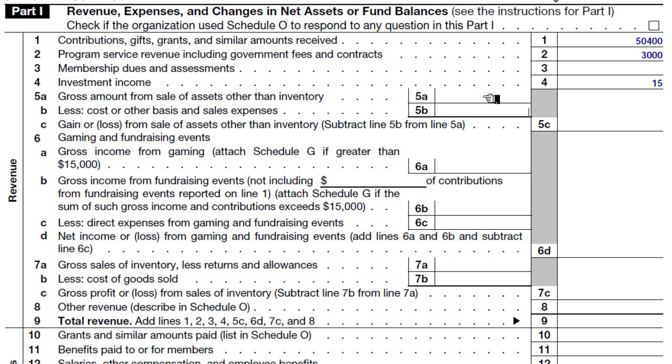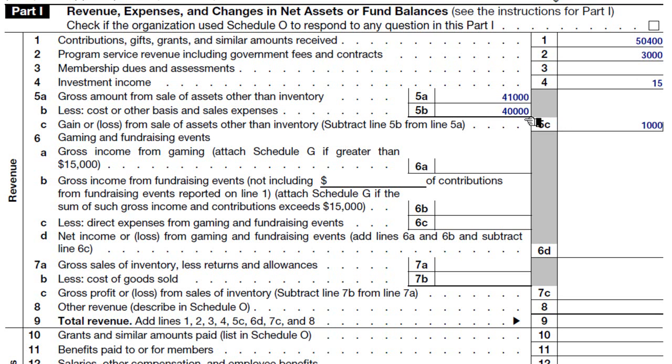So that then would become your basis. And let's say you sold it for $41,000. So you had a gain of $1,000, and that would shake out here on line 5C.